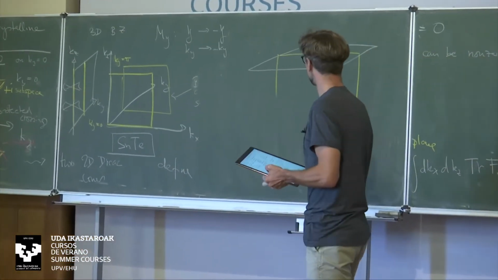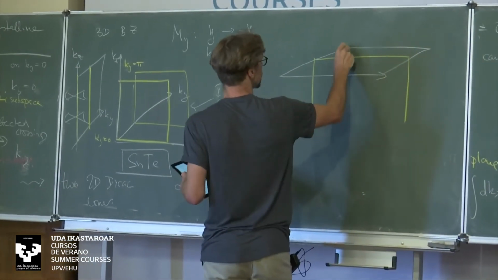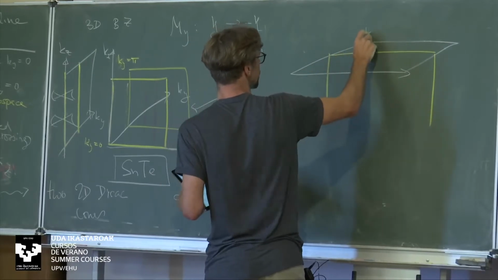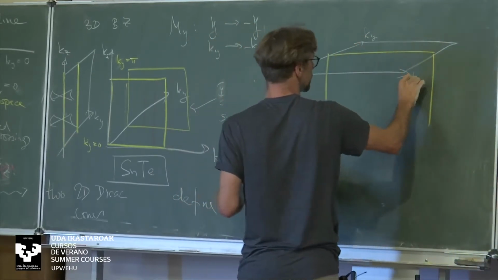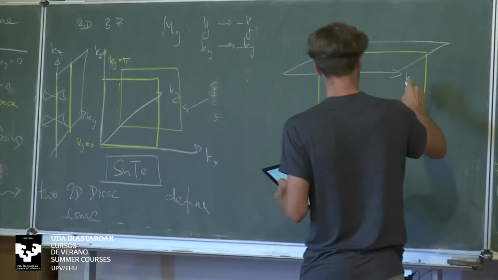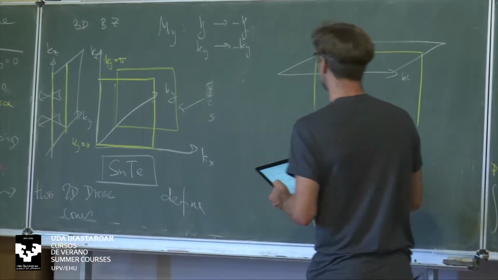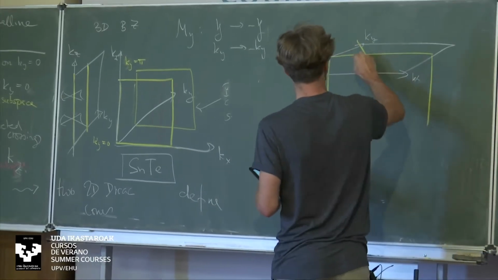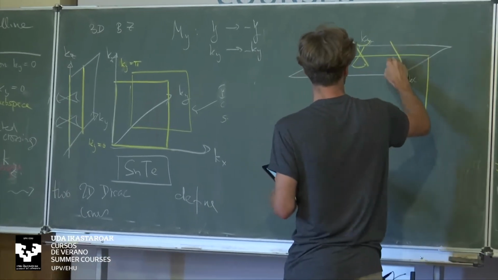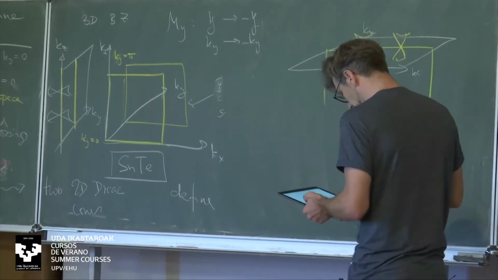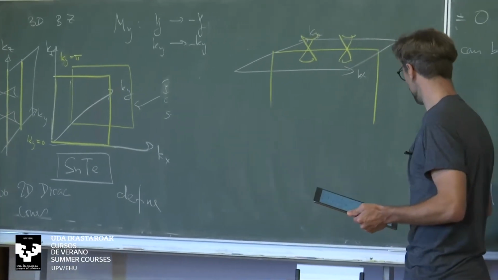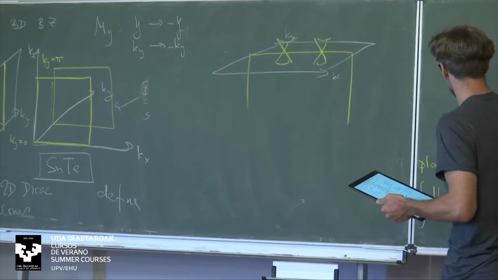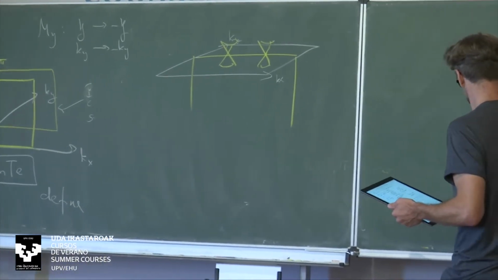And now think of this as the surface Brillouin zone, yeah? Okay, so there is, I don't know, this is maybe a spatial direction, but the other ones are, what could that be? KX, I don't know. So there are two Dirac cones here, as we showed. And now I want to consider a small perturbation to the surface. I want to make a little kink in the surface, but retain mirror symmetry. Okay?